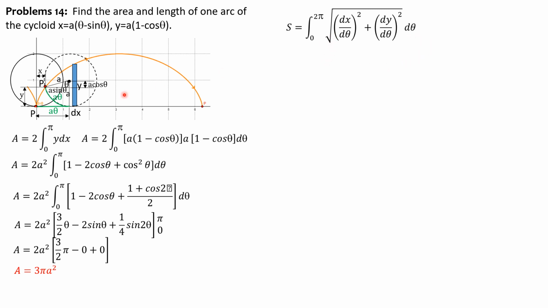Then dx d theta is a times the quantity 1 minus cosine theta, while dy d theta is a times negative of negative sine theta, so a sine theta.